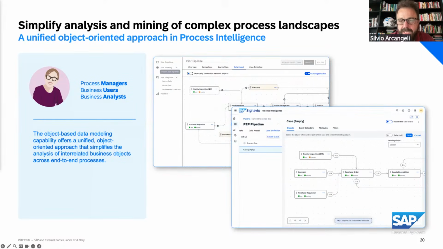So we are working to deliver new capabilities that will overcome those shortcomings. The first one that we are targeting for first half of next year is object-based data modeling.